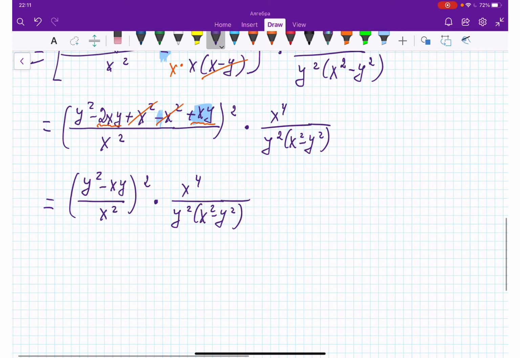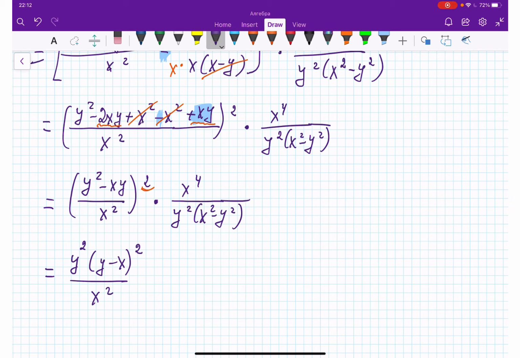All right, so from here, let's do the multiplication. So y squared minus xy, if I take y out, I will get y times (y minus x), over x squared. Now if I distribute this square here, this y becomes y squared and (y minus x) becomes squared.